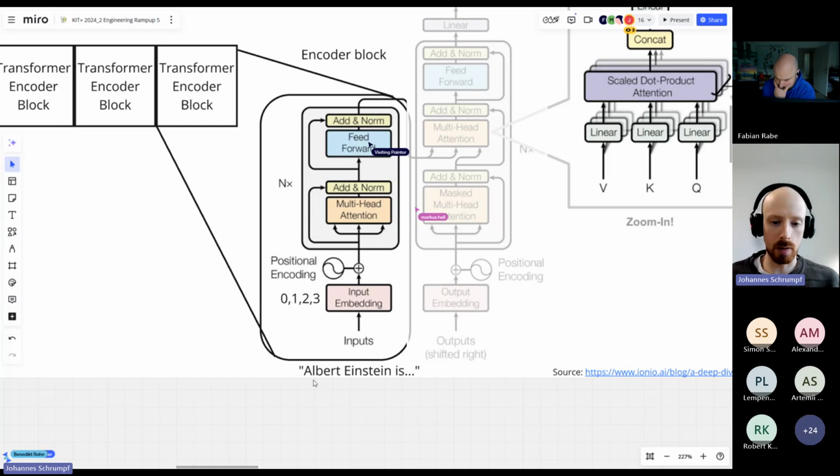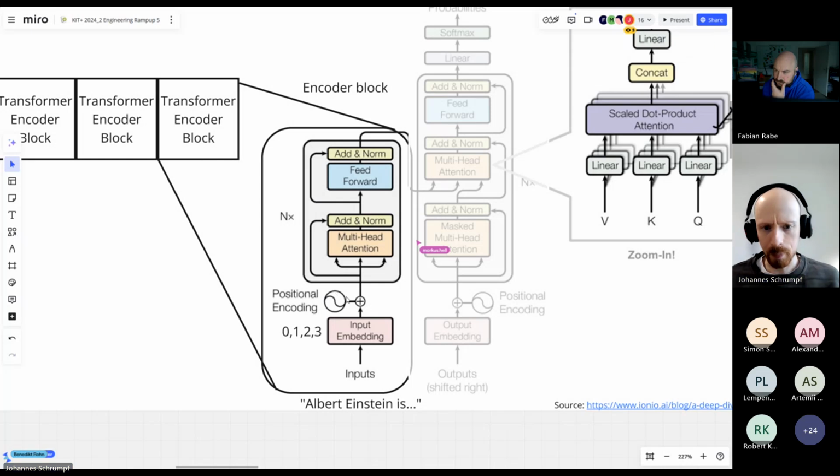Because if we would scramble up the order of letters, say between in Albert Einstein, then the meaning would get lost. This positional encoding makes sure that the letters basically stay at the same position. Therefore, we are doing this encoding here. We basically add some information to it. But other than that, it's not important to know what's going on here. It's some mathematical stuff.